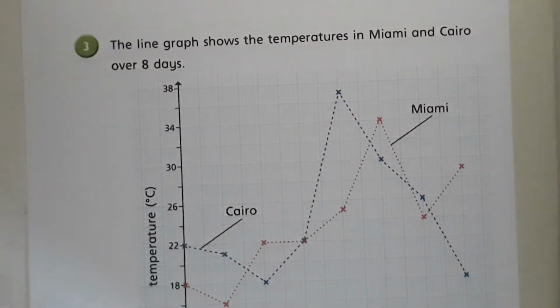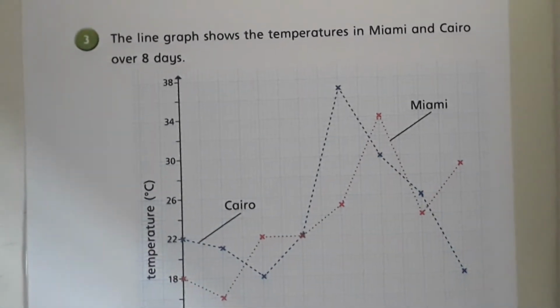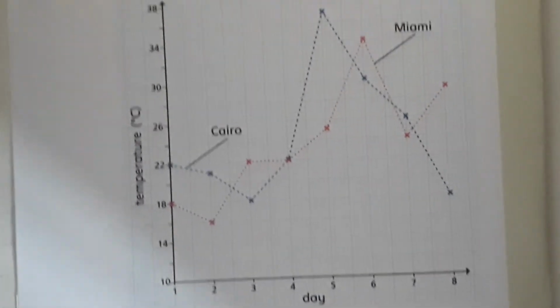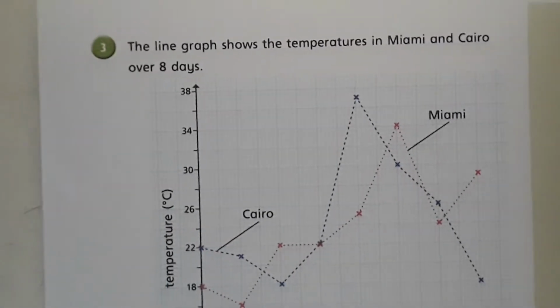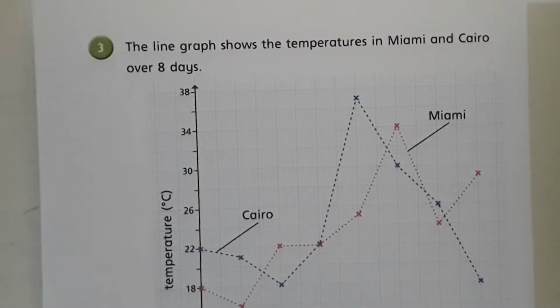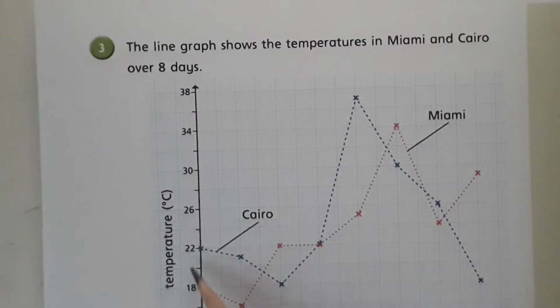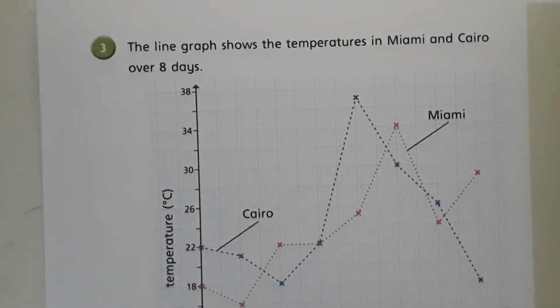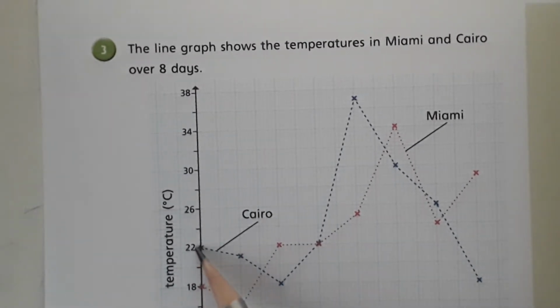And question number 3. The line graph shows the temperatures in Miami and Cairo over 8 days. We can see that the temperature scale is going up in 4s.